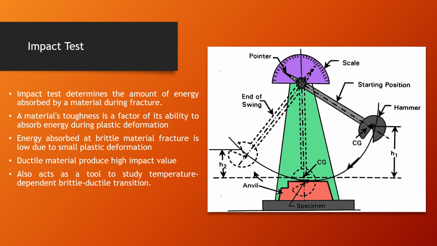This test can also be used at elevated temperature to check temperature dependency and see the brittle to ductile transition of materials. Because some materials become ductile as the temperature is increased and they're heated up. So the toughness increases at higher temperatures for those materials.